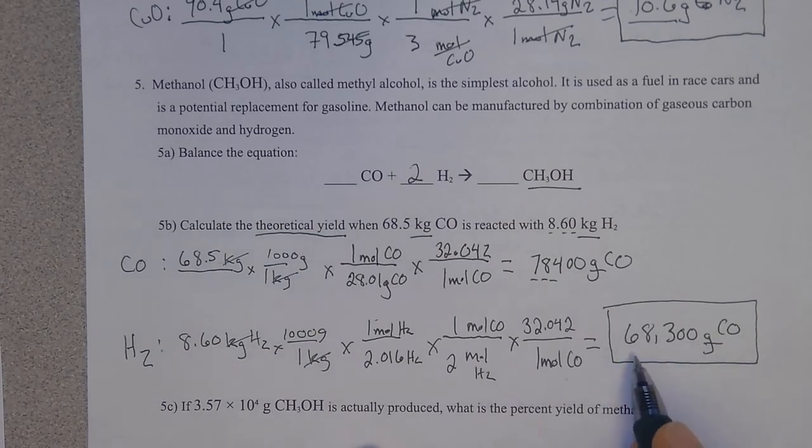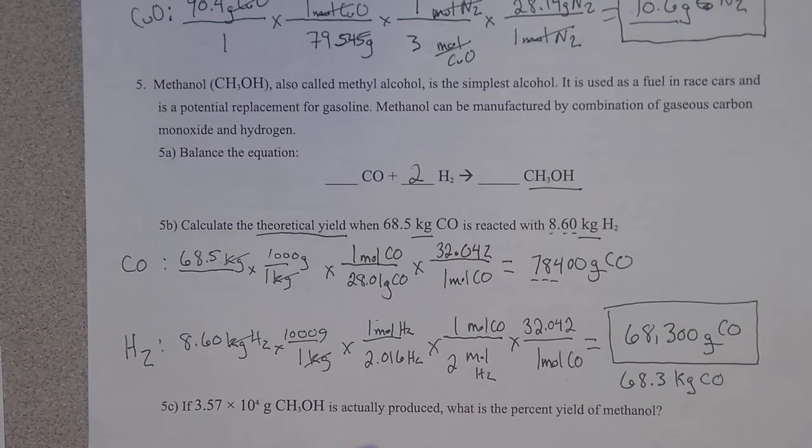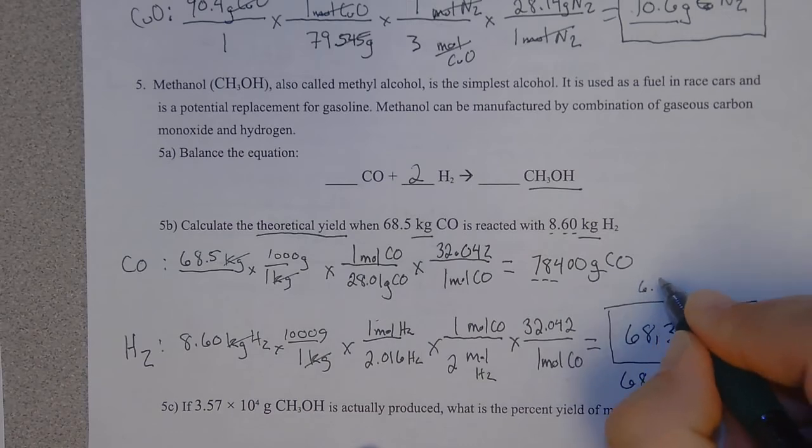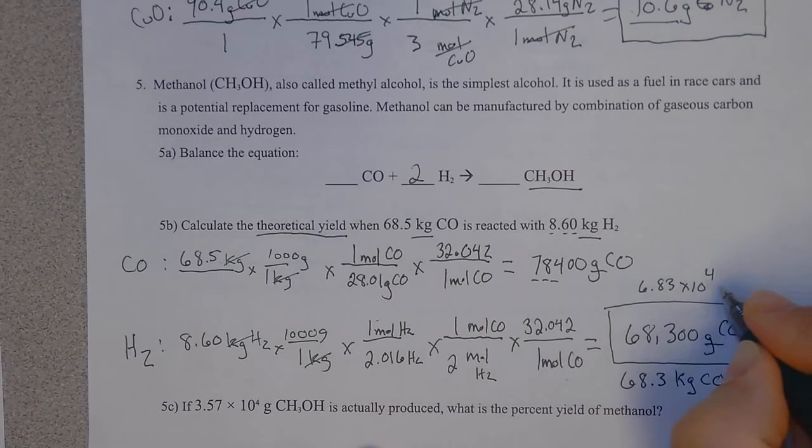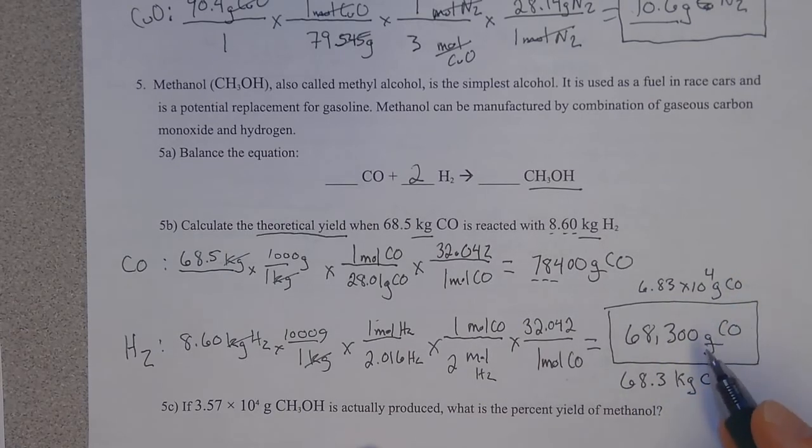Now I would have accepted 68,300 grams, or you could have put 68.3 kilograms of carbon dioxide. Either one was fine. Or you could have put 6.83 times 10 to the 4th grams of carbon monoxide. All three of those are virtually the same answer, just slightly different forms.